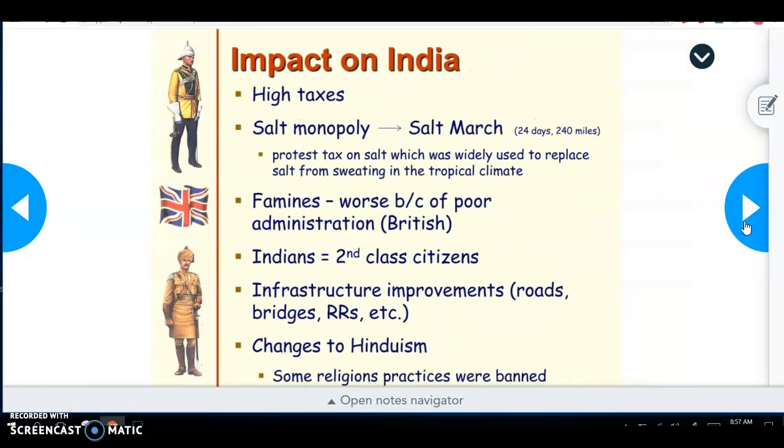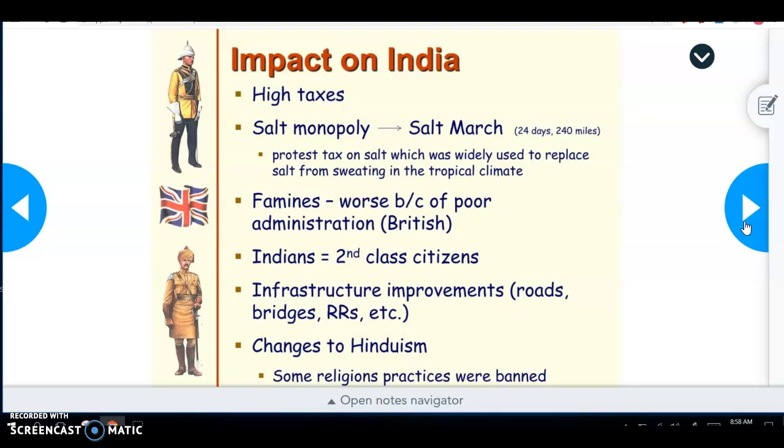So some impacts on India, the people of India had to pay taxes just like we did in the colonies. One of those resources they had to pay taxes on was salt. So salt was collected along the coastlines in India, and people had to pay a tax on it, and they were not happy about that.